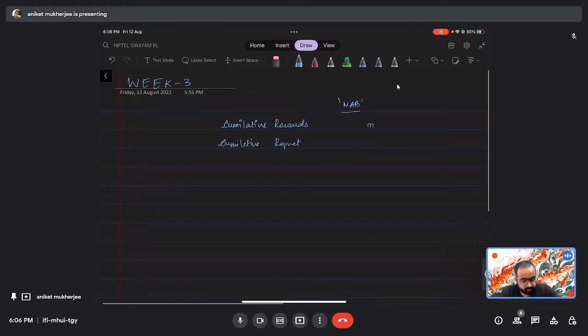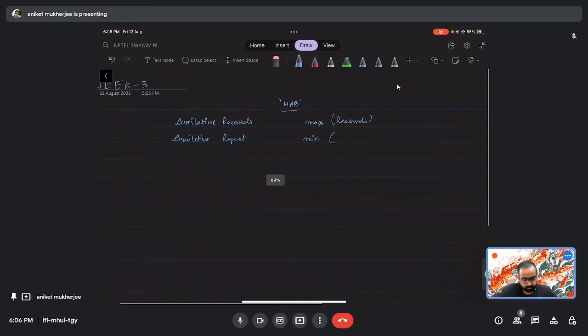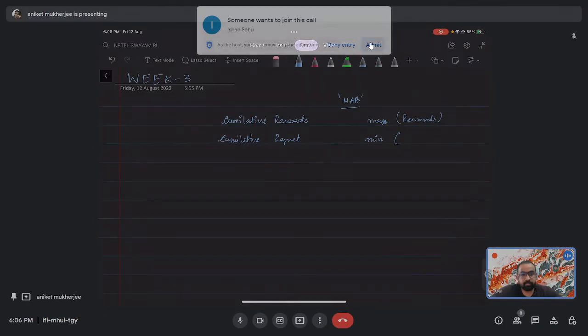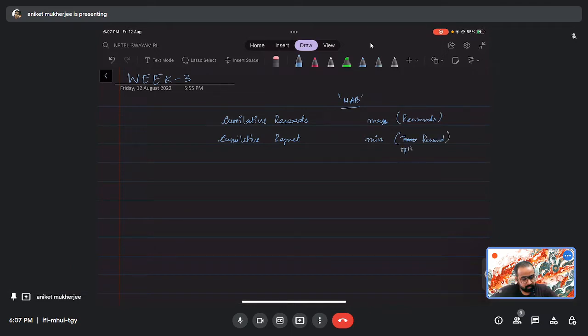Suppose you have maximize rewards, and another thing is you can minimize the true reward, or optimal reward, minus the calculated reward, or the reward that the policy you choose gives.